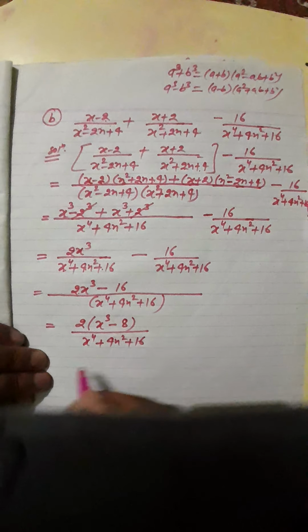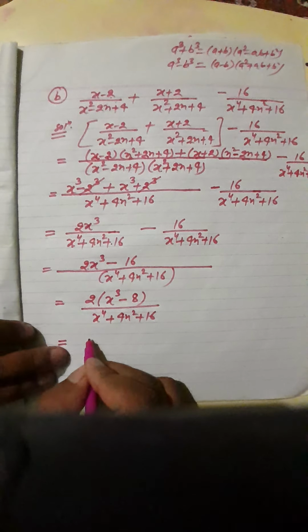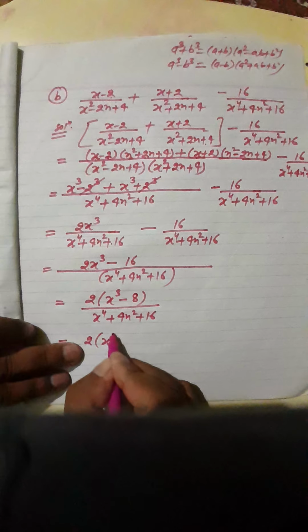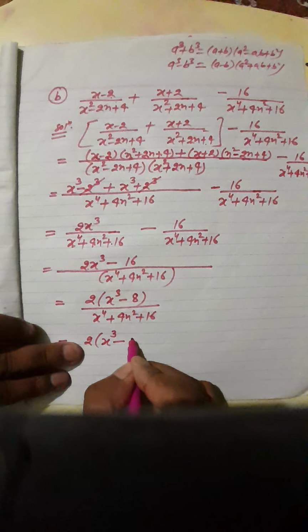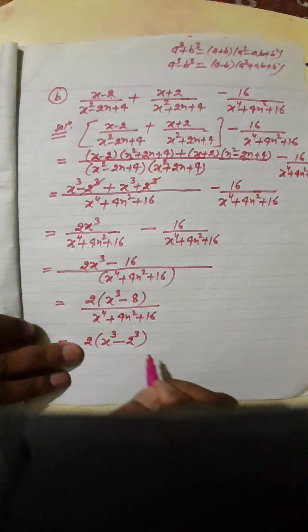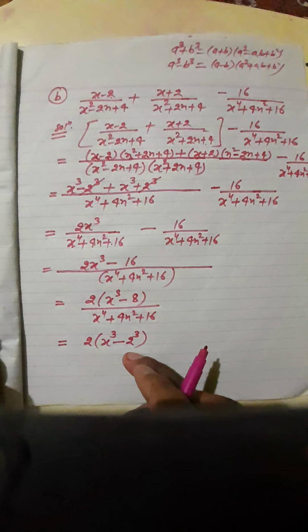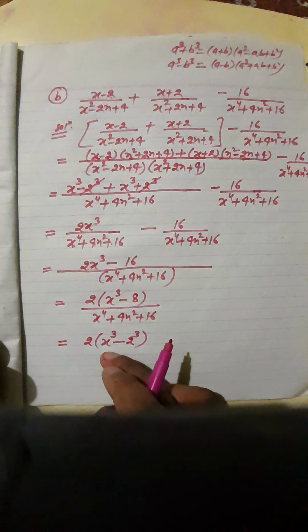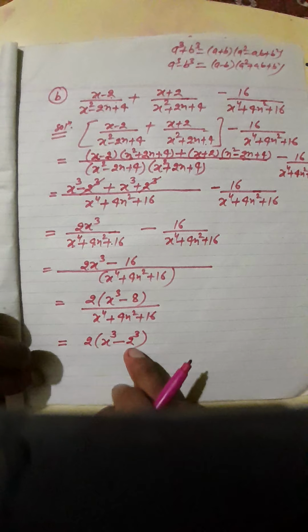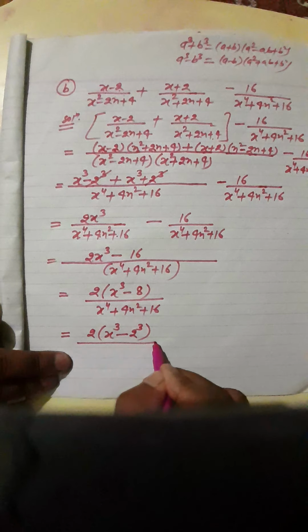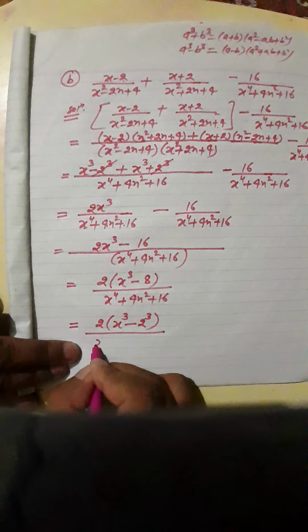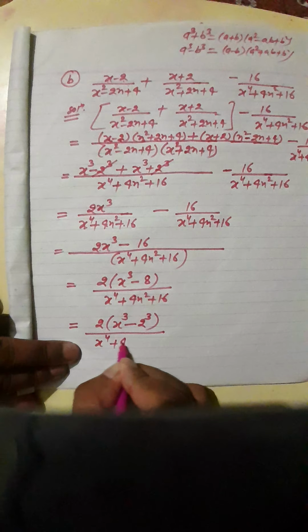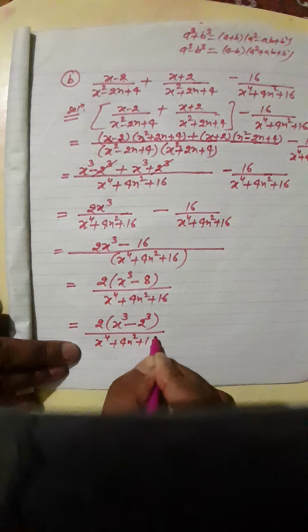Equal to upside 2 into x cube minus 8, which can be written as 2 power cube, because this 8 we can write as 2 power cube. Now this is in the form of the a cube minus b cube formula, divided by downside x to the power 4 plus 4x square plus 16 we can write here.